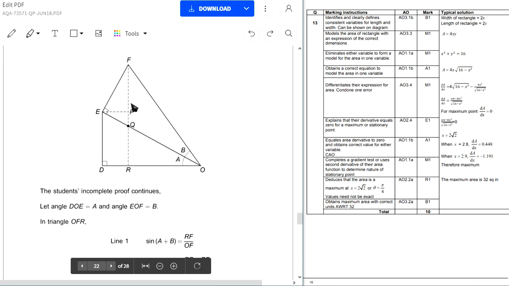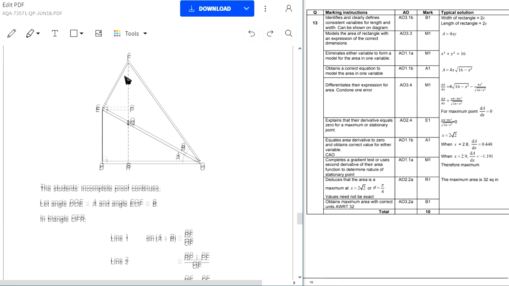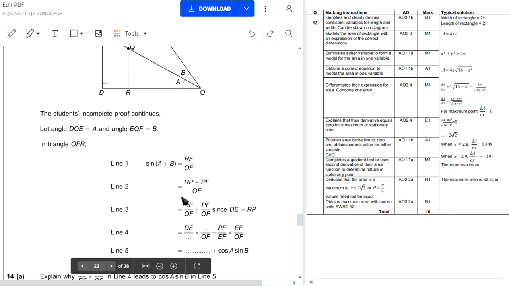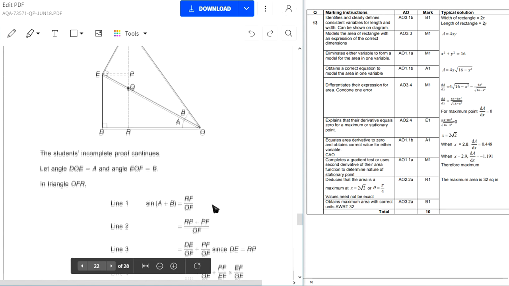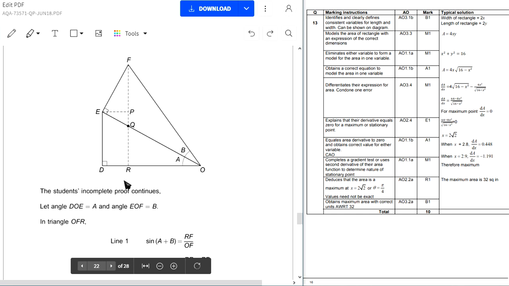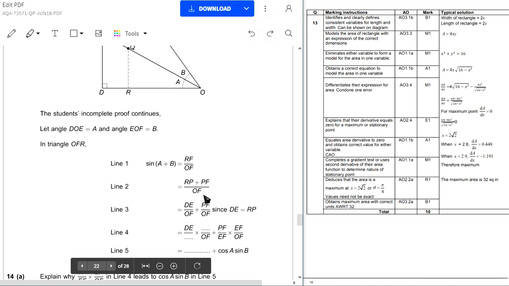Yes, so they're using SOHCAHTOA there. That's fine. Line 2, RP plus PF over OF.